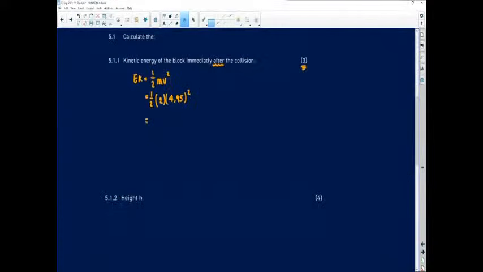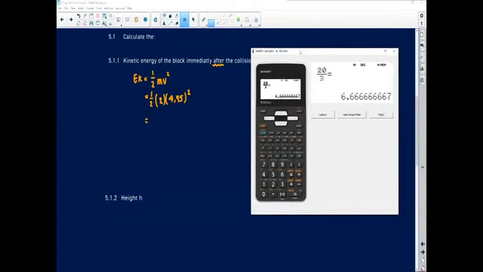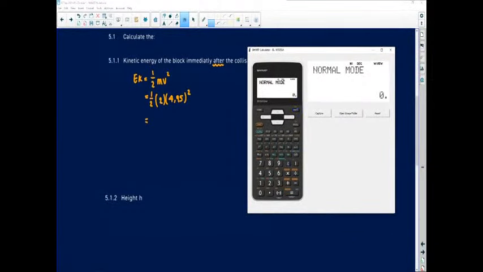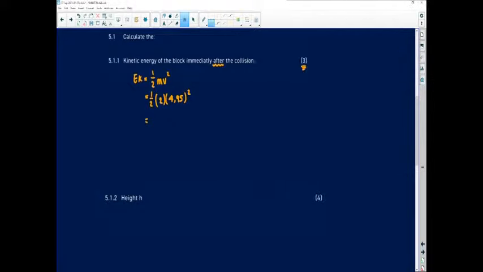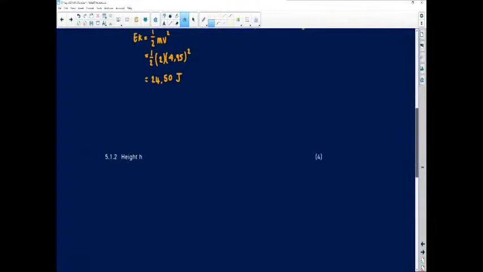There's my calculator. 0.5, I've got a mass of 2, and then 4.95 to the exponent 2. Now remember, don't forget your SI unit. So I do get 24.50. The SI unit for kinetic energy is therefore joules. So that one was pretty easy.